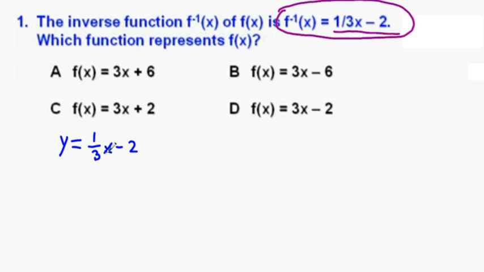Now in the 4-step process of finding inverse functions, this would be the first step. Next step would be to take x equals 1/3 y minus 2. So switch x's and y's.